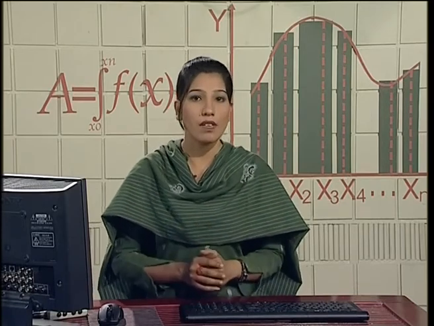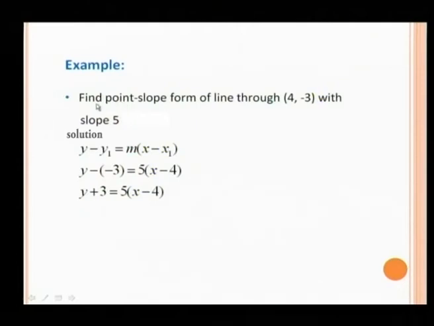For this example, we have to find the point slope form of a line through the point (4, -3) and with the slope 5. For the solution, we will be using the previous formula, which is y minus y1 is equal to m into x minus x1.